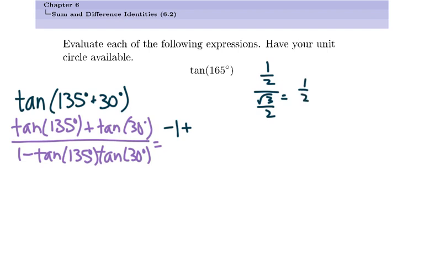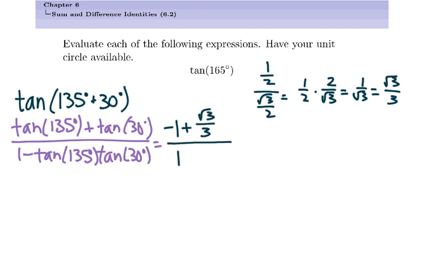So you're going to get 1/2 times the reciprocal, so it's going to be 2 over root 3. So you're going to get 1 over root 3, and you're going to rationalize that, so you're going to get root 3 over 3, all over 1 minus tangent of 135 was negative 1. Tangent of 30 degrees was root 3 over 3.